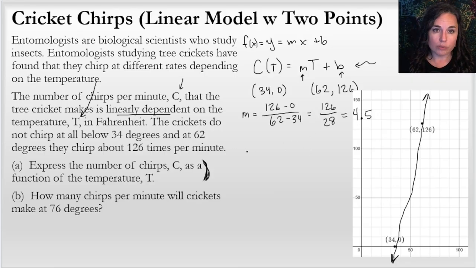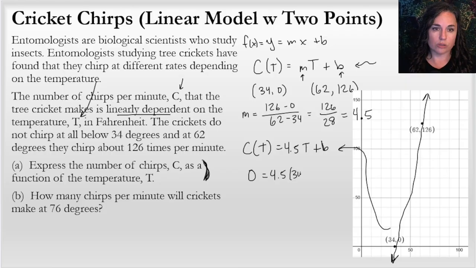All right, so that's the slope of that line. I know that c of t is going to be 4.5t plus some y-intercept. I need to solve for that y-intercept. The easiest way for me to solve for that y-intercept is just to plug in a point in here. So I'm going to say 0 equals 4.5 times 34 plus b.